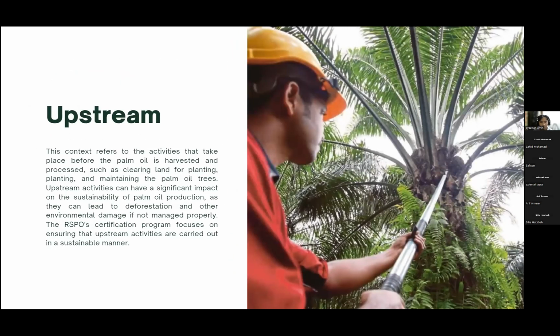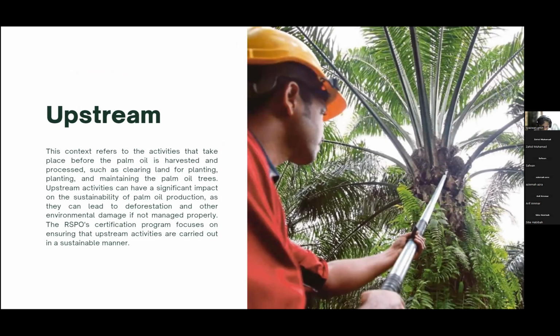For the upstream, in this context, refers to the activities that take place before the palm oil is harvested and processed, such as clearing land and planting and maintaining the palm oil trees.